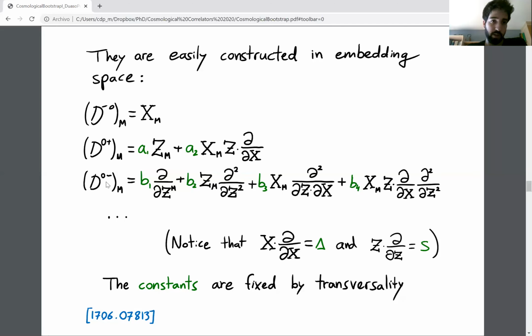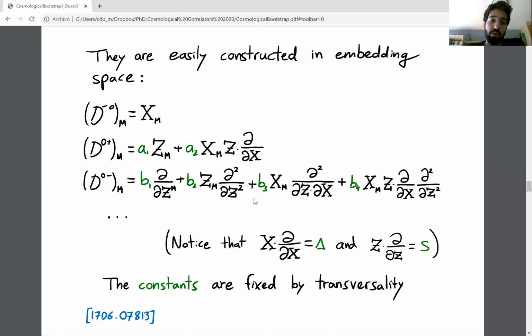In the same way, for the operator that lowers the spin, now you have 4 different terms, and so on. This is the way in which you can construct all of these operators, and all the constants can be fixed by transversality.